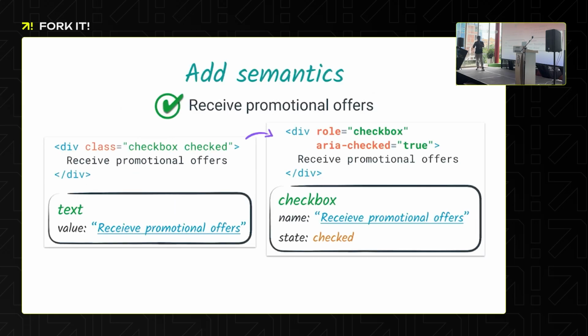For example, in here, I have a checkbox, so I will add some aria-checked and role, and ask the div to make sure the accessibility tree treats this component as a checkbox. Instead of having something like this, a div, it will later be treated as a checkbox component.